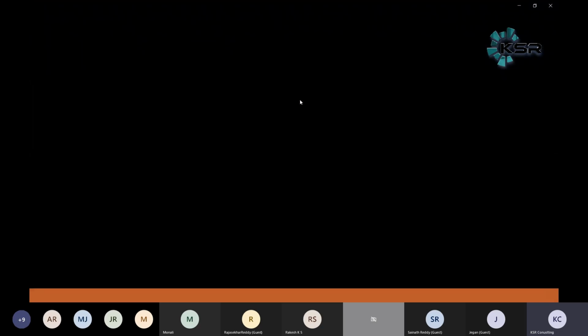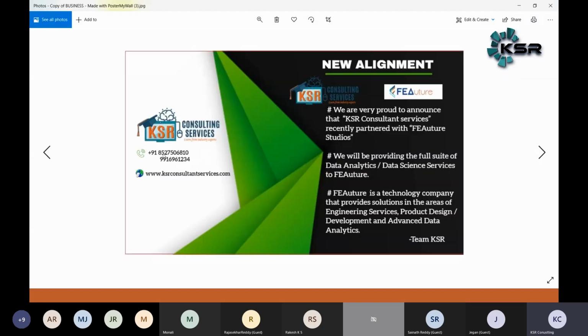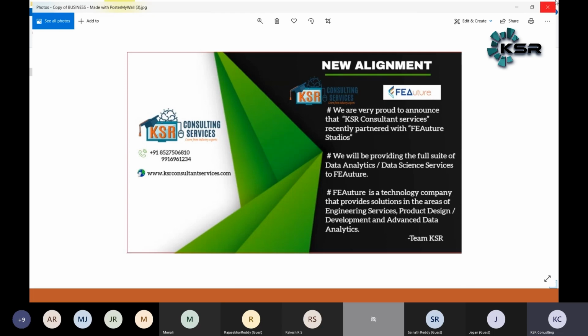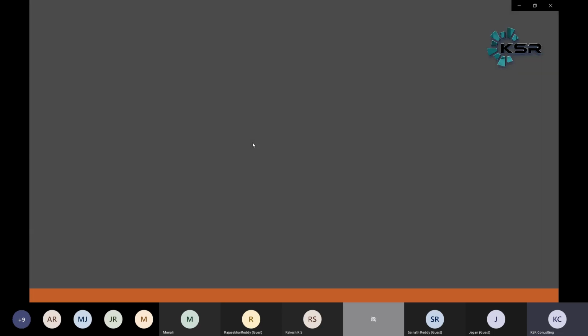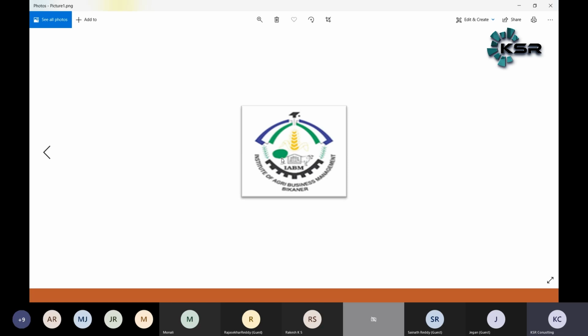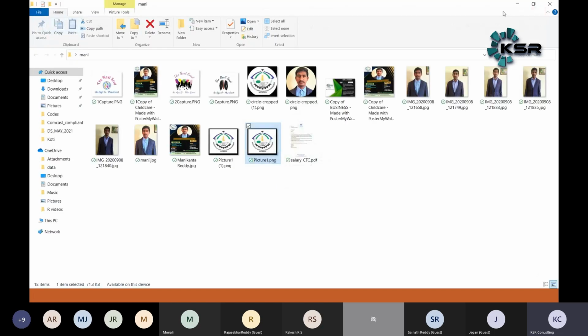I want to extract the logo, the address of KSR Consulting Service, our partners, and the phone numbers. This is one image from the data. How do you extract and analyze this? For example, there is a company logo, IBM. How do you extract the IBM logo?